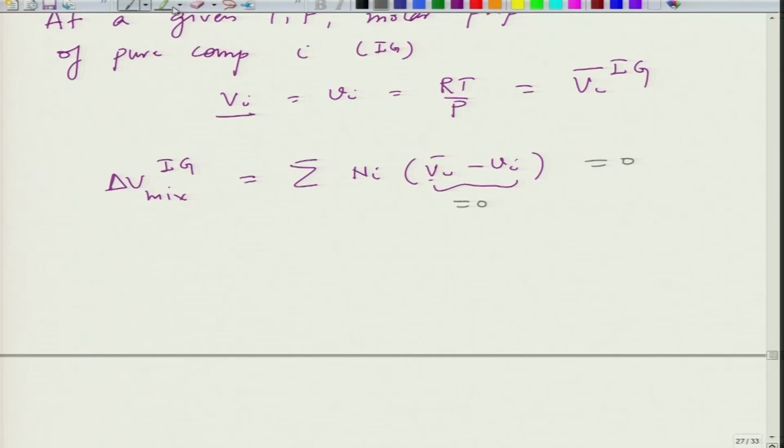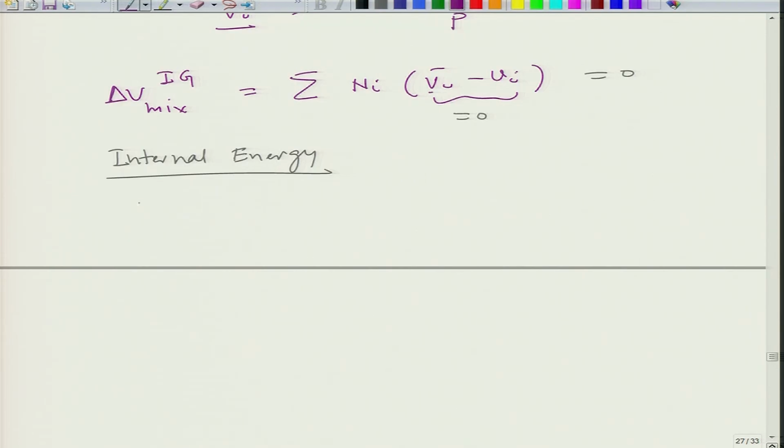So, let me now extend this exercise to internal energy. Now, the internal energy of an ideal gas depends on the temperature and the number of particles. We can also write this as the summation of N_i and the molar internal energy, which only depends on temperature, because the internal energy contribution of an ideal gas is due only to the kinetic energy, which has a direct relation with the temperature.